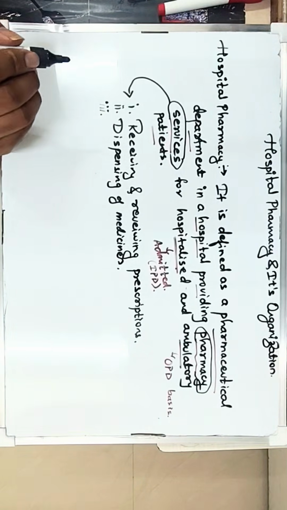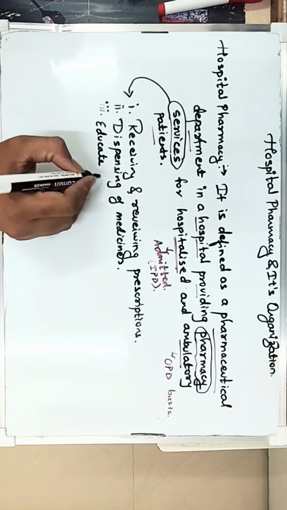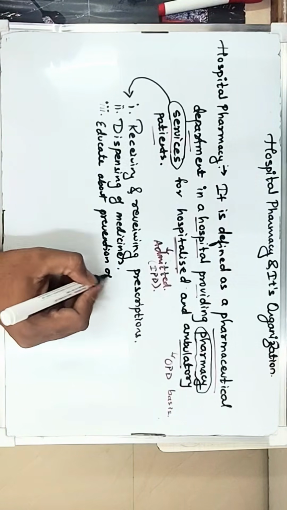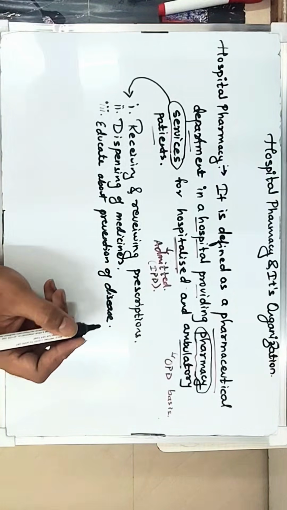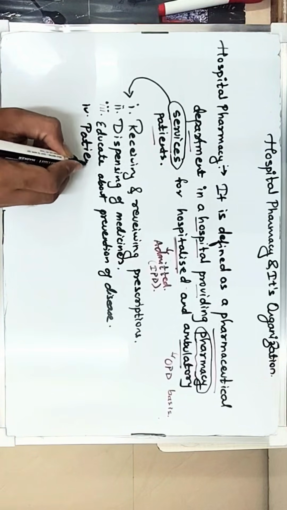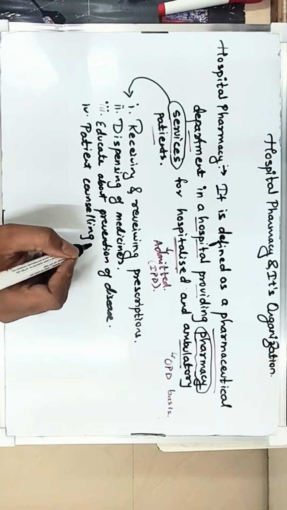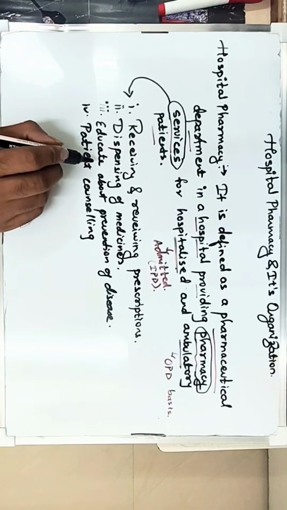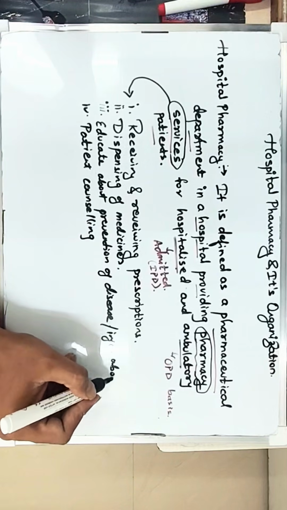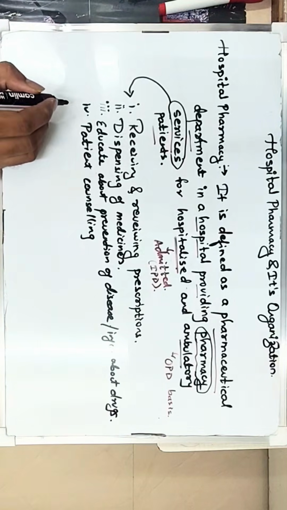The third task of the hospital pharmacy service is to educate about prevention of disease, or we can say it as awareness about disease. In educating about disease, we can also say that hospital pharmacy provides services for educating about prevention of disease, as well as information about the drugs, the medicines that are dispensed. The fourth service is patient counseling.